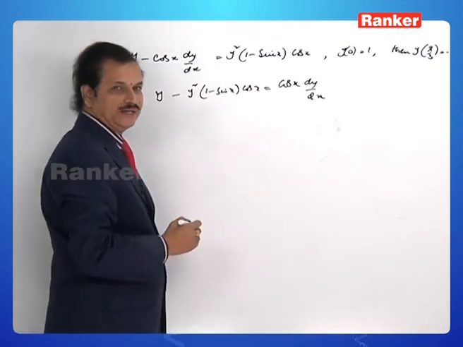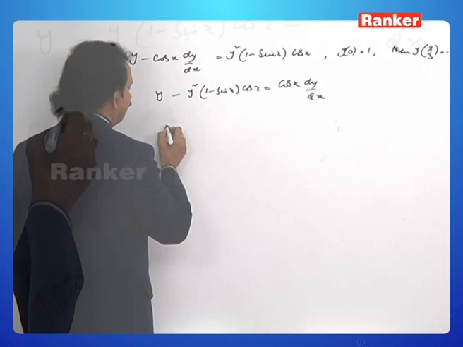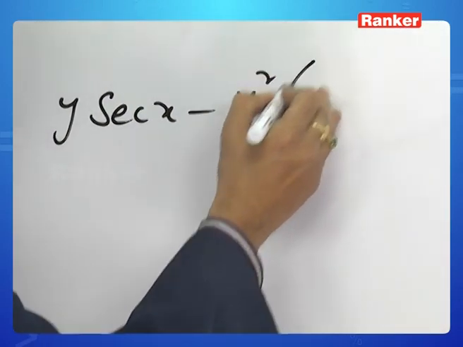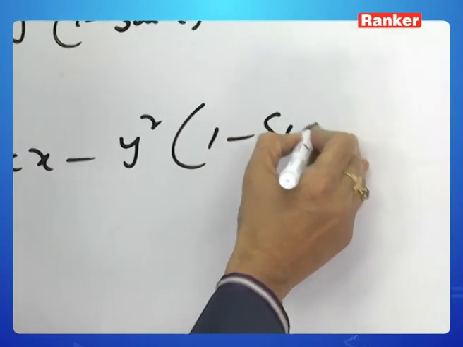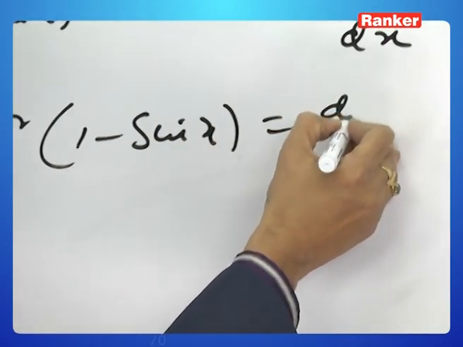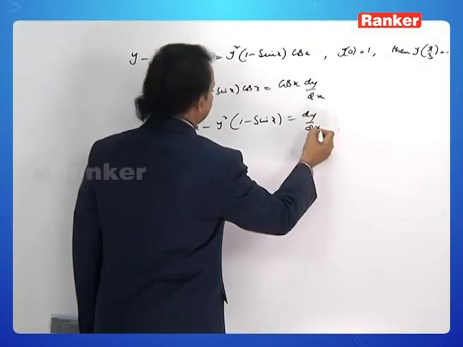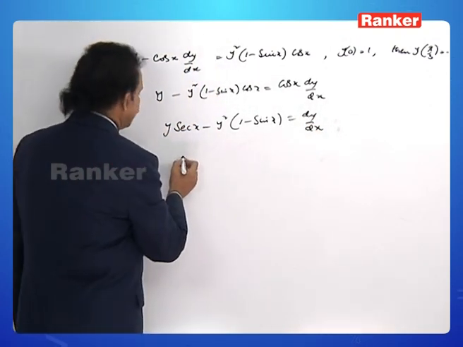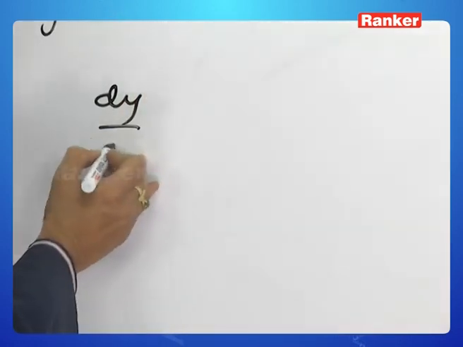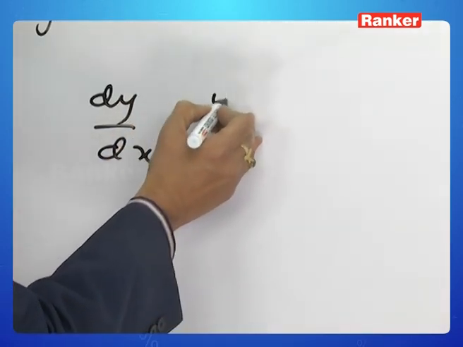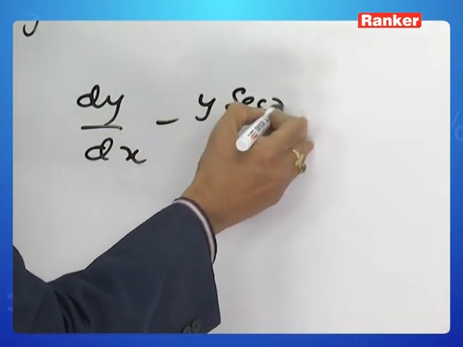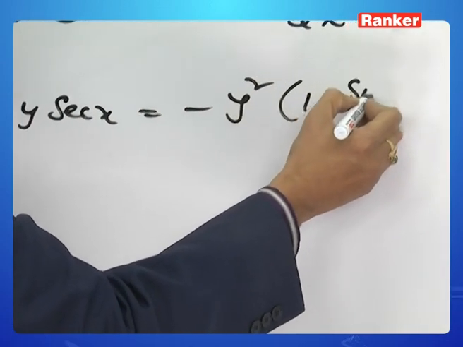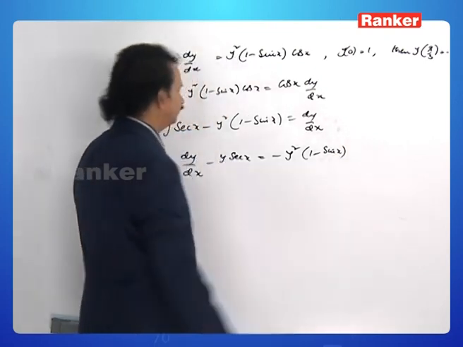Divide throughout by cos x. What happens? y secant x minus y square into 1 minus sin x is equal to dy by dx. Okay. Therefore, dy by dx minus y secant x is equal to minus y square into 1 minus sin x.